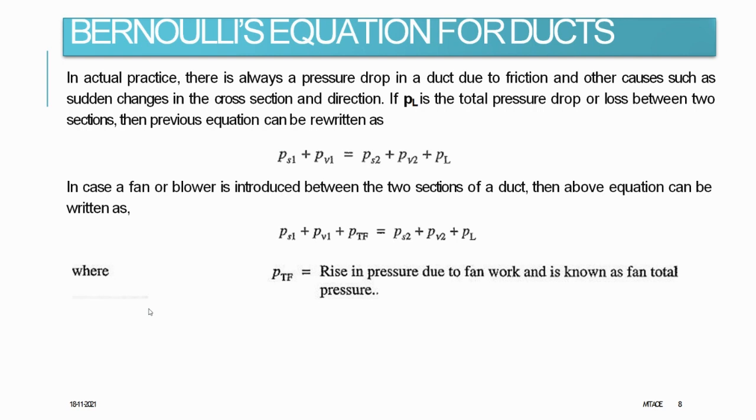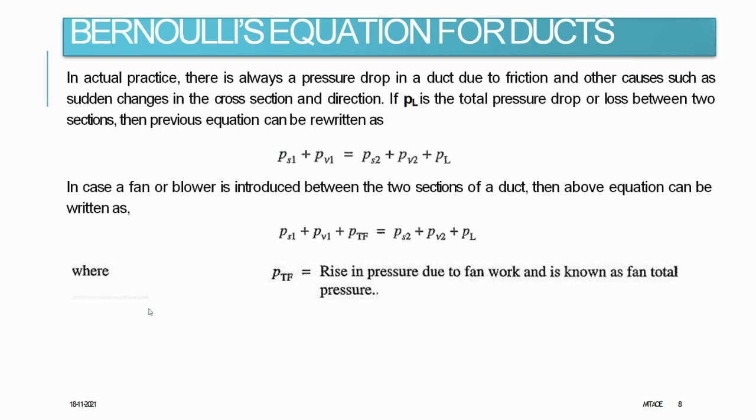Now, Bernoulli's equation for a duct. In actual practice, there is always a pressure drop in a duct due to friction and other causes such as sudden change in the cross section or direction. If PL is the total pressure drop or pressure loss between two sections, then the previous equation can be written as PS1 plus PV1 is equal to PS2 plus PV2 plus PL.